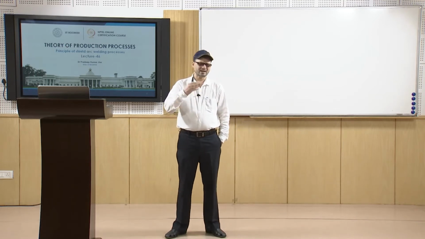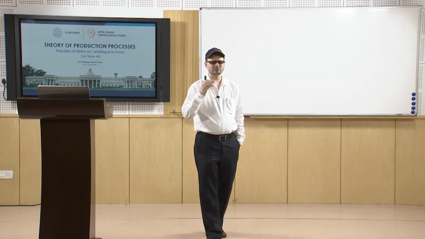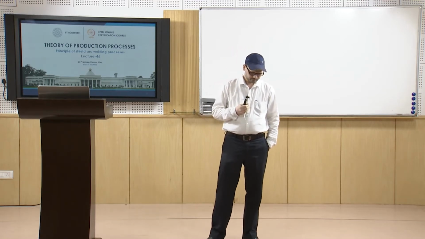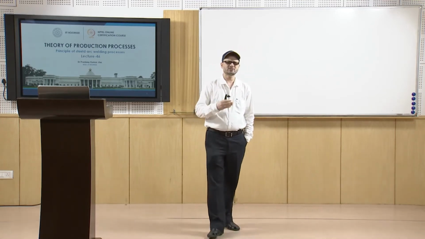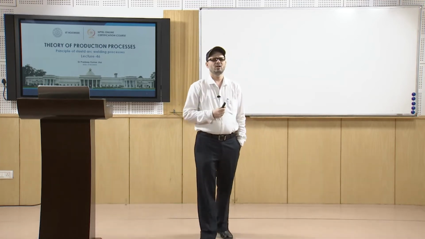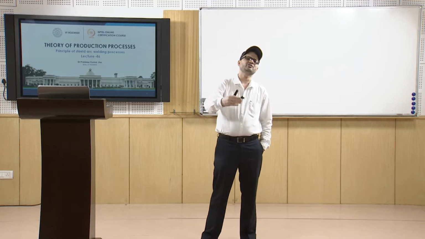So first you have the creation of the arc, and then arc welding processes are classified based on how you are giving the shielding, or how you are making the arc.